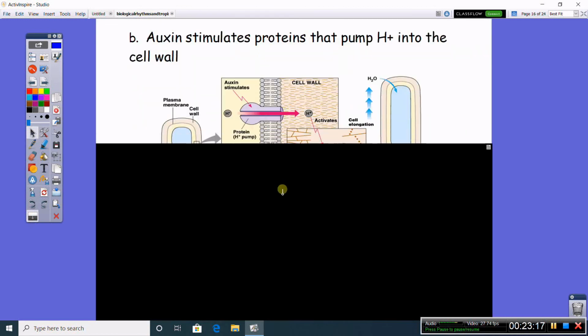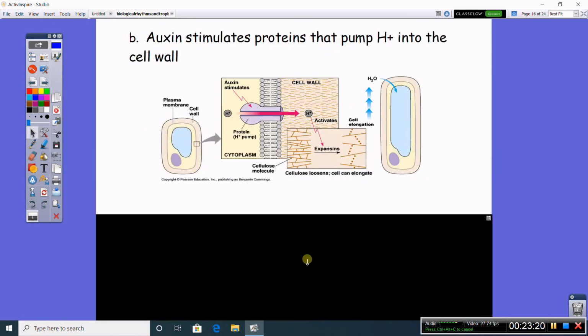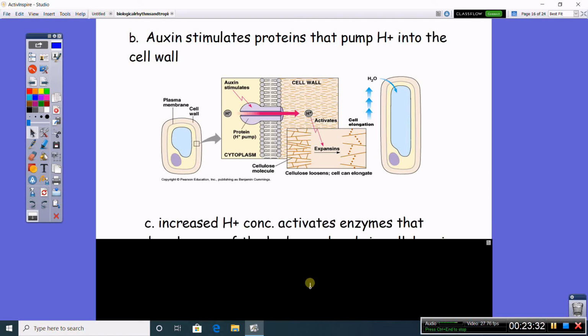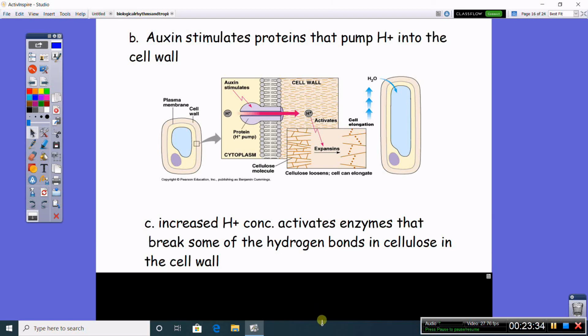Okay, so then we want to think about what's happening on a cellular level. Auxin is going to stimulate proteins that pump hydrogen ions into the cell wall. And so the increased hydrogen ion concentration activates enzymes that will break some of the hydrogen bonds in cellulose.